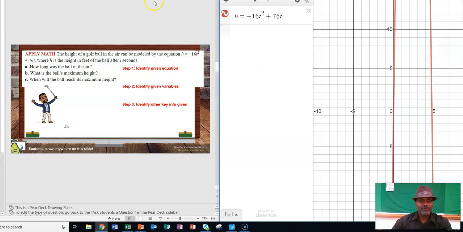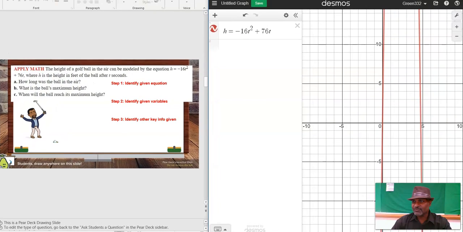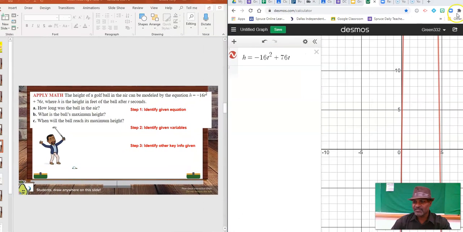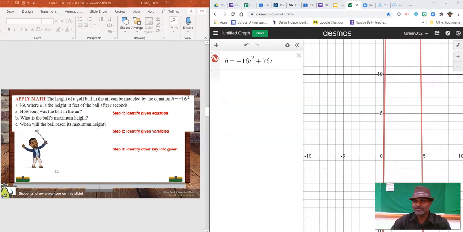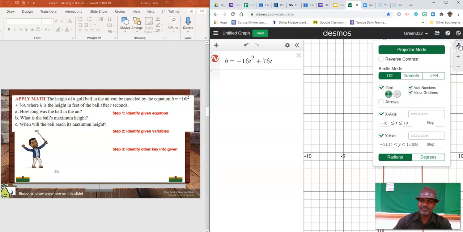Let me see if I can get a little more screen real estate here. I'll just move this over where you can see what I'm doing in Desmos. All right, just look to the left. I'm clicking on my little graph settings icon right there. And as you can see, I'm in projector mode because I just love projector mode.